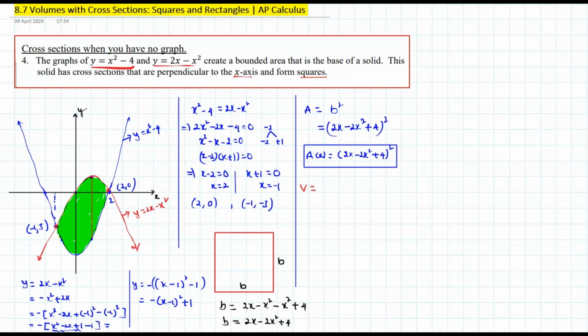So the integral from negative 1 to 2 of A of x dx, which equals the integral from negative 1 to 2 of 2x minus 2x squared plus 4, whole squared.